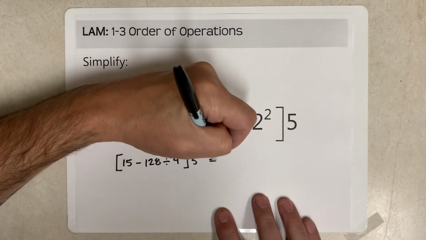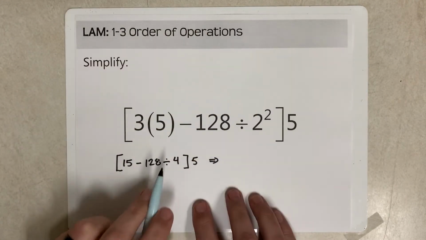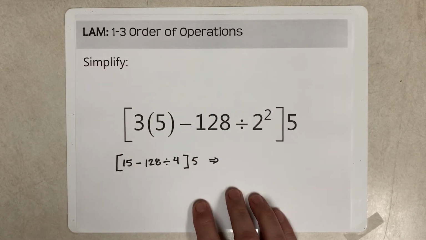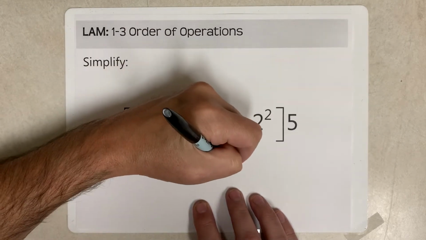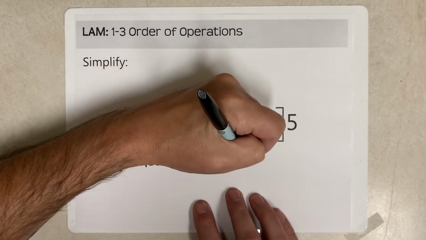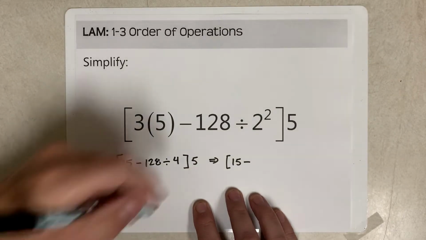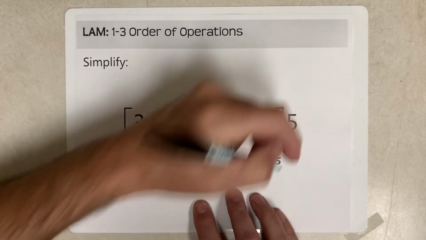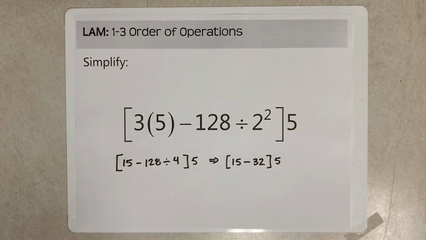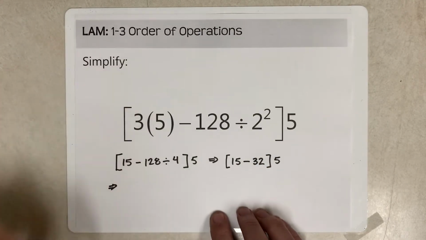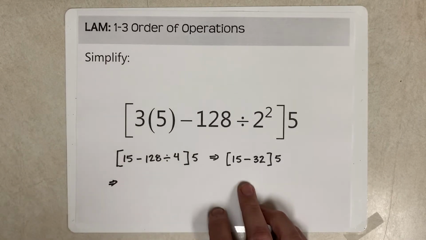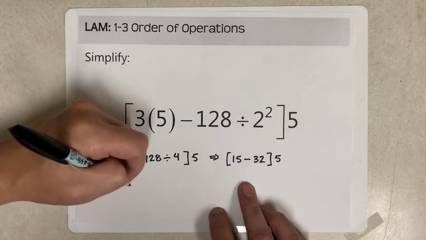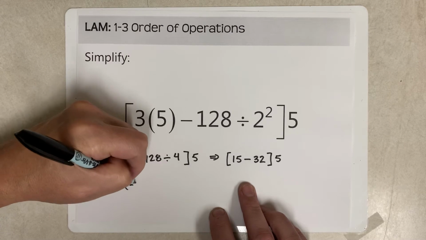All right, so our next step then, now I'm going to have to do that division. So I need 128 and I need to divide that by 4. And I'm going to get 15 minus, and that should be 32. And all of that is going to be times 5. All right, let's go down here now. Okay, so now we have 15 take away 32, and that should be a negative 17.